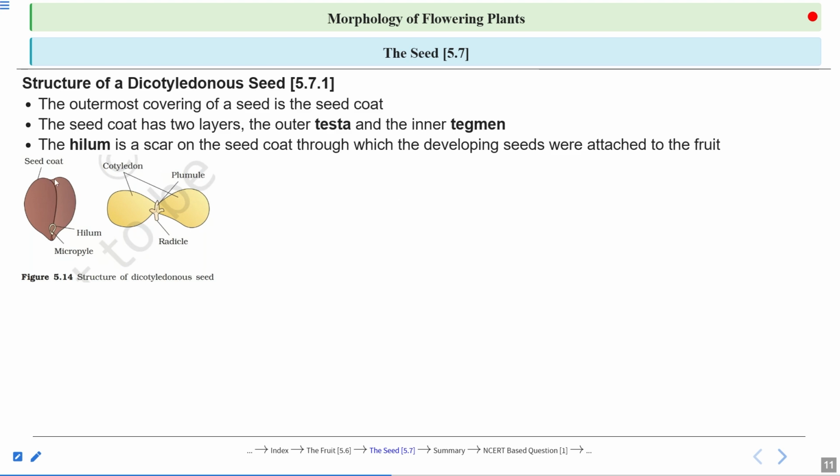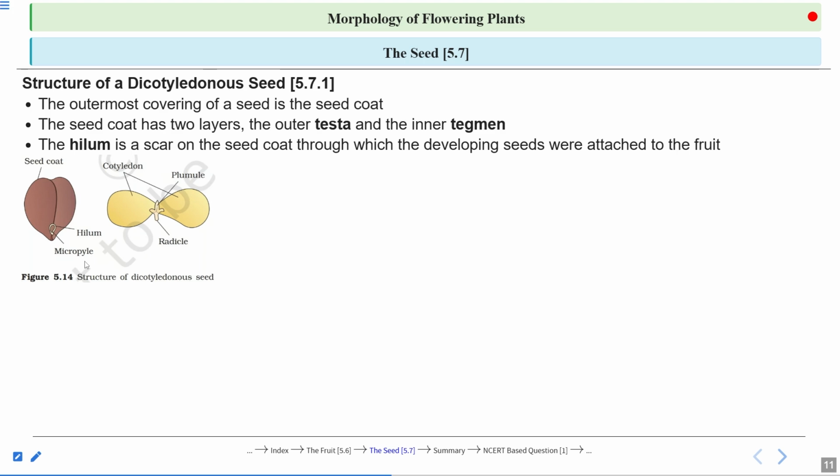Here you can see this is the seed coat, the brown cover, and this is the gram seed, chana seed, with the brown cover. And here you can see there is a scar that is called the hilum. This particular point was attached to the ovary wall, right? And what is the micropyle?